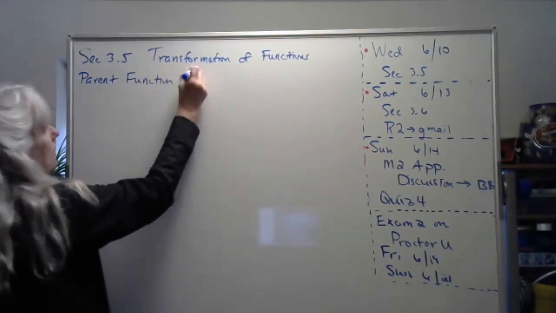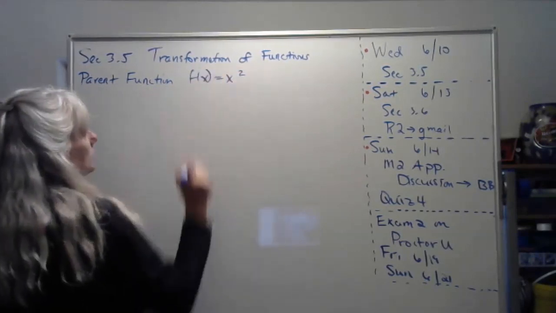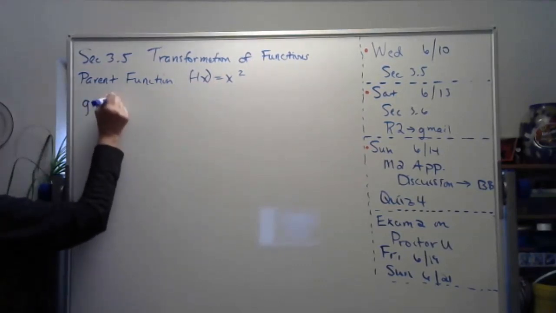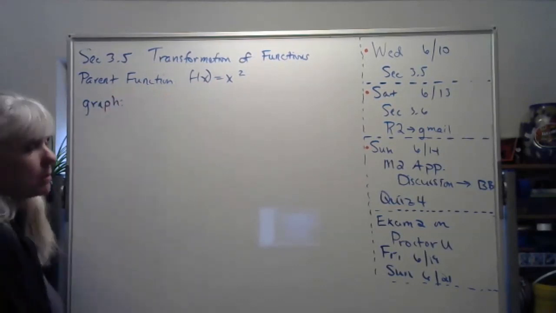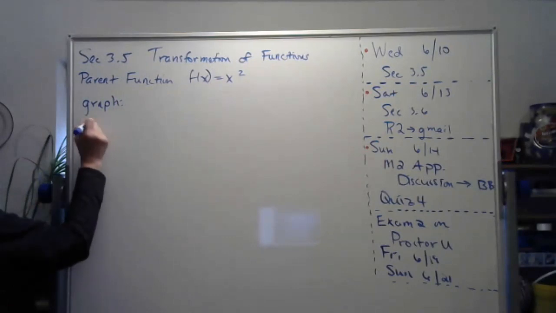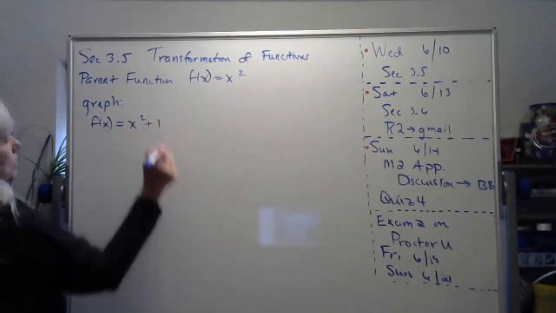f of x equals x squared. Okay. So what I want to do is use that graph, and then we're going to graph several of them, and it takes a while to get through this, but I think you'll follow it okay. We're going to do f of x is equal to x squared plus 1.